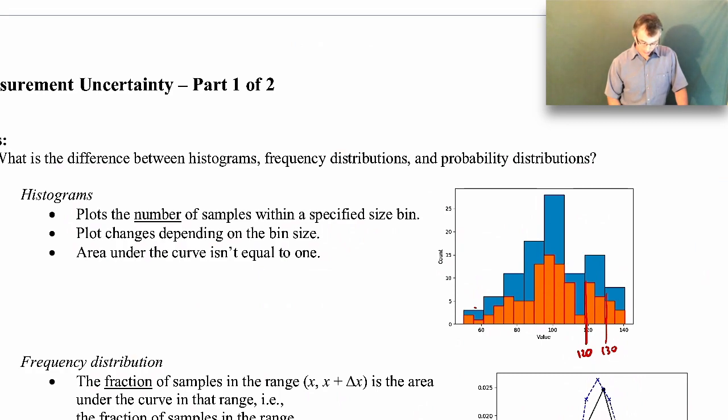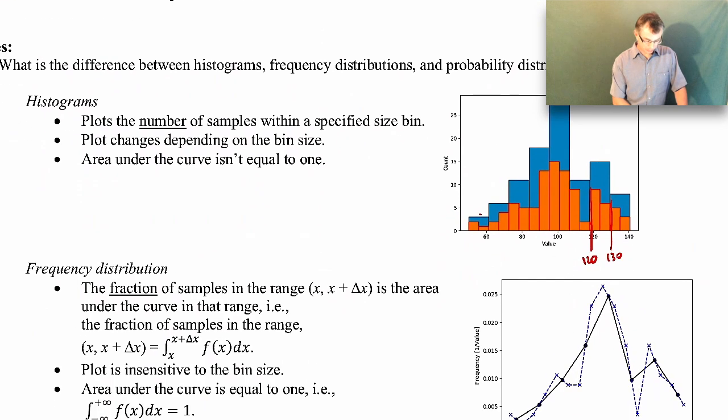So if I add up the number of counts for each one of these blue bins, it all adds up to 150. So here for this bin it was 15. So the fraction of measurements in that range would be 10%, 15 divided by 150. So that's what a frequency distribution does, it gives us the fraction. It tells us what fraction of the entire set of measurements lies in a certain range.